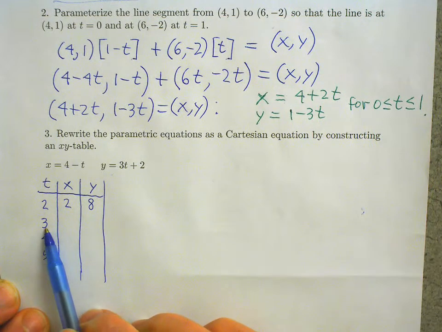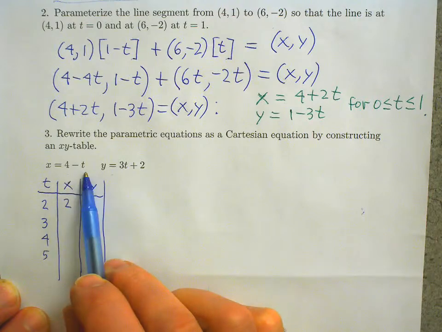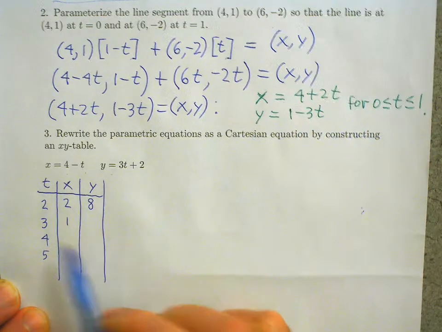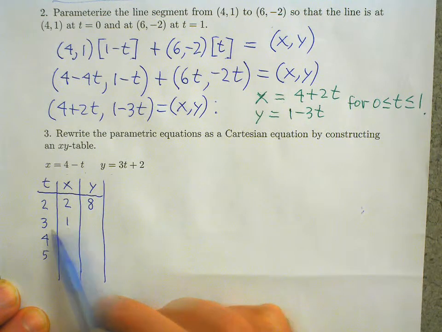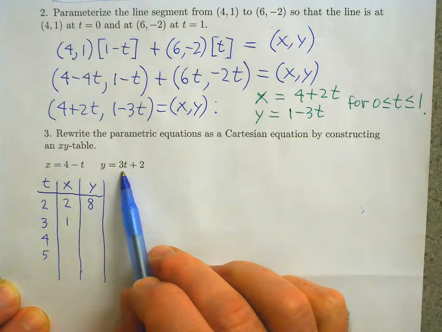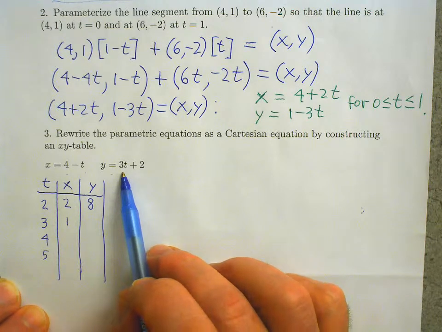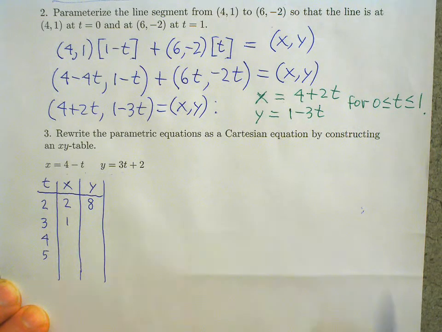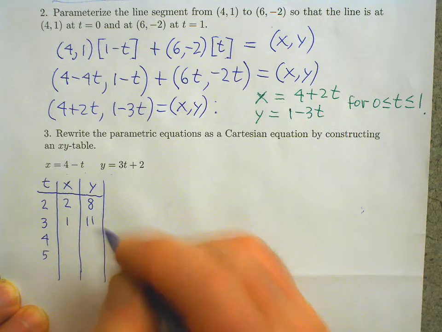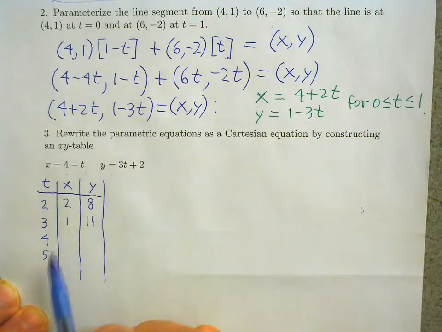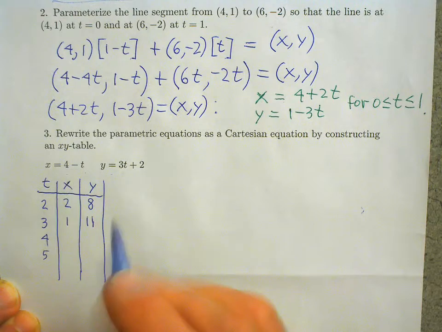When t is 3, 4 minus 3 is 1. And the y coordinate, 3 times 3 plus 2 is 11. When t is 4, x is 4 minus 4 or 0.